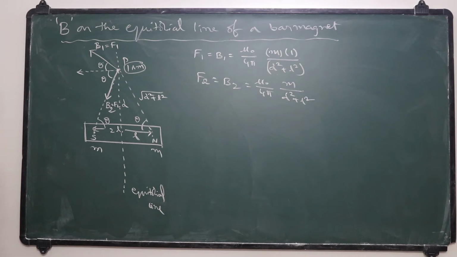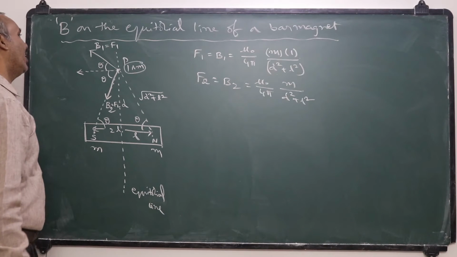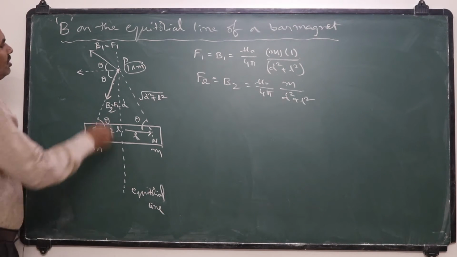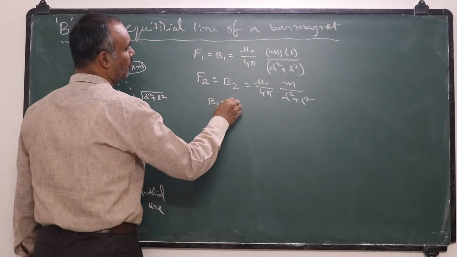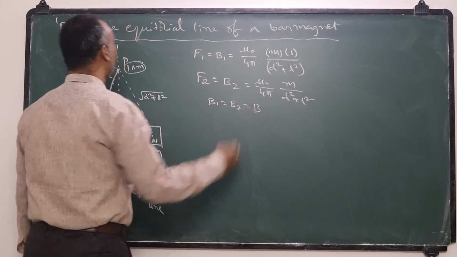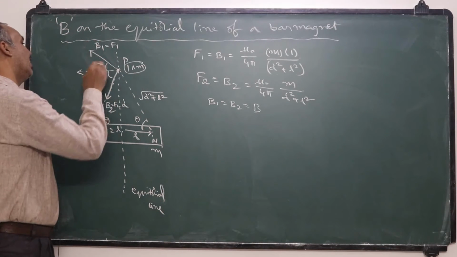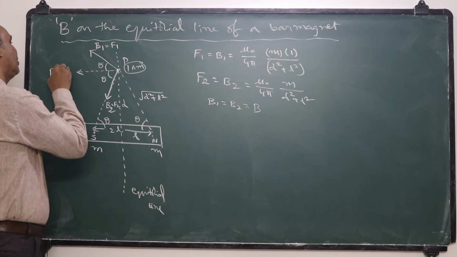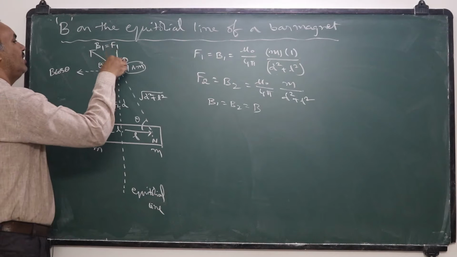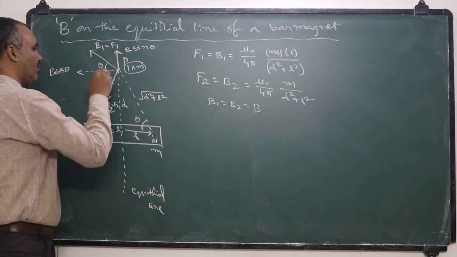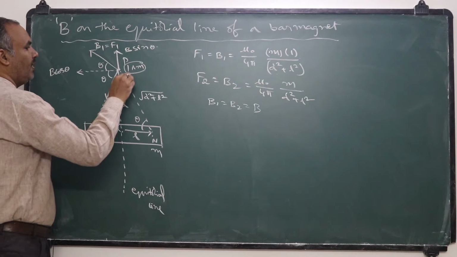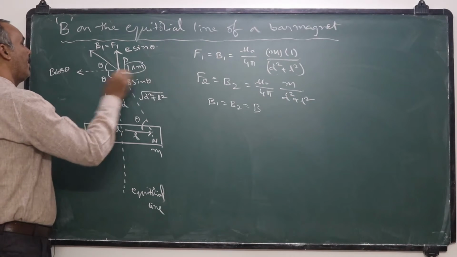Now I want the net magnetic field. Let me take B1 equal to B2 equal to B. This magnetic field has two components: B cos theta this side, B sin theta this side. The same situation with the other one: B sin theta this side, B cos theta this side.